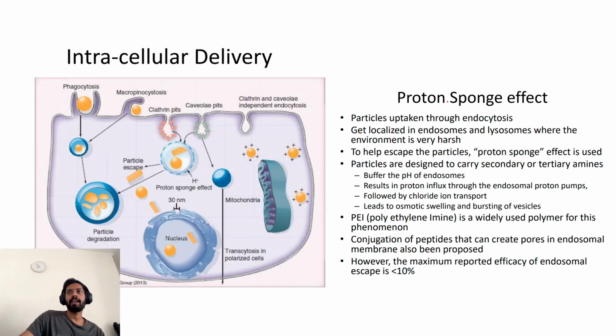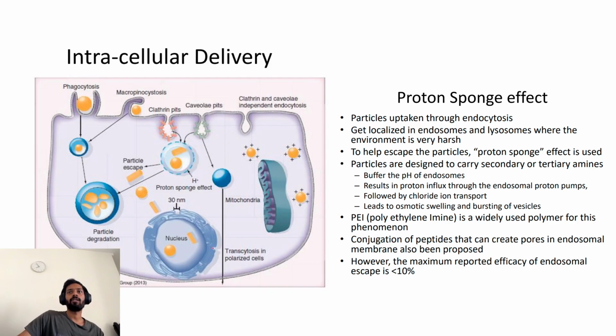these particles that carry secondary and tertiary amines. Essentially, they buffer the pH of the endosomes, causing a lot of osmotic swelling and a lot of water influx, resulting in the vesicles growing larger and larger, eventually bursting.